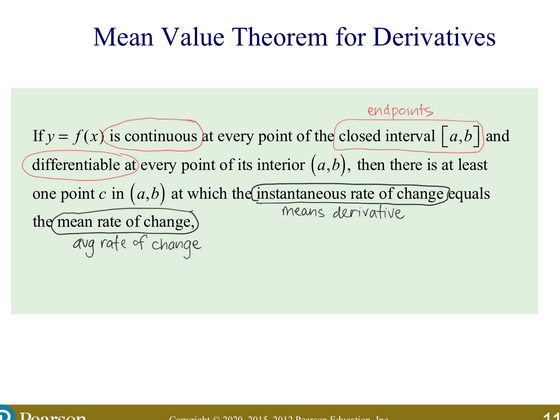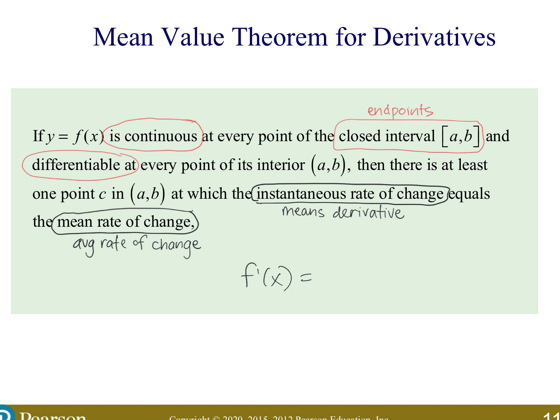All right, so let's write this mathematically. The derivative equals the average rate of change. How do we write that? How do we write the derivative? Let's use primes. Okay, f prime of x. Okay, then what would come next?